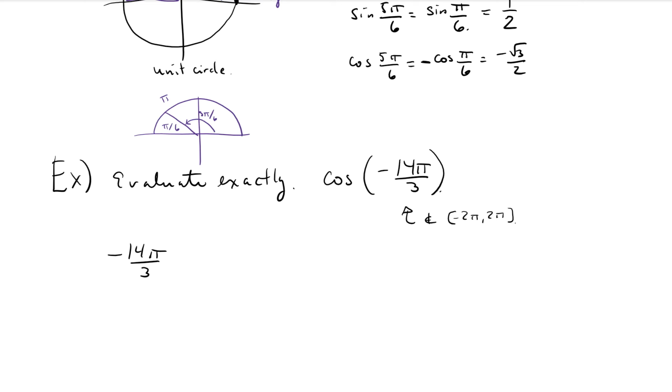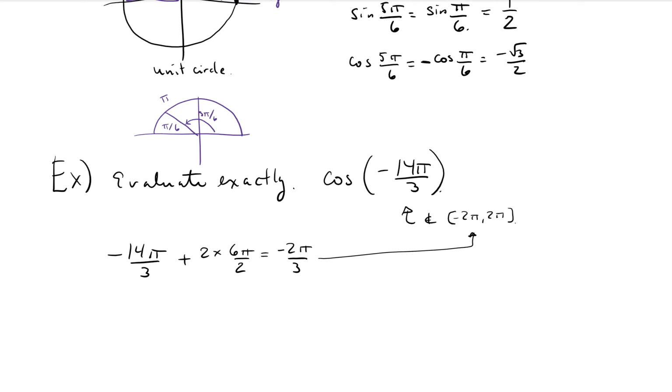How many 6 pi over 3 can I add? I could add 2 times 6 pi over 3, because that would be 12 pi over 3. That is going to give me minus 2 pi over 3. So here we go. Now this one is in that interval.